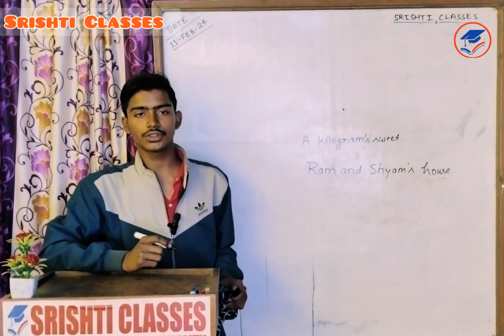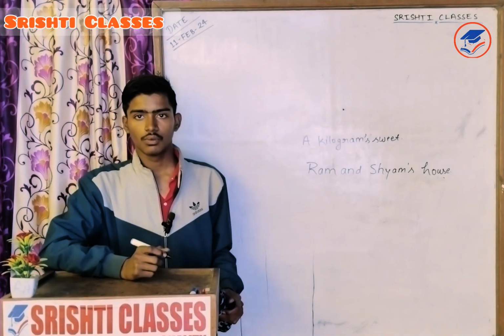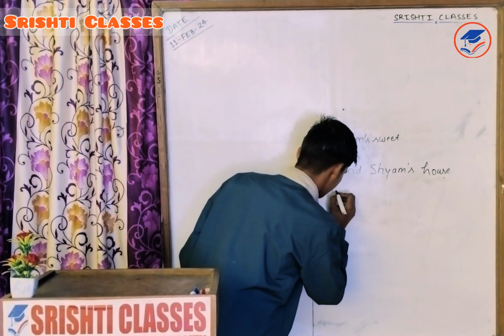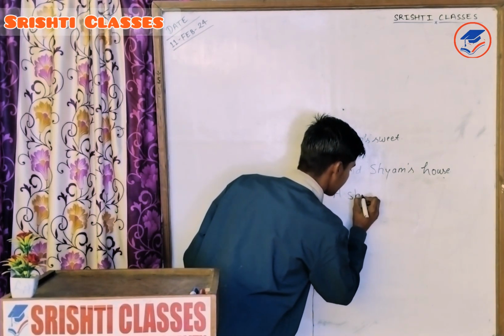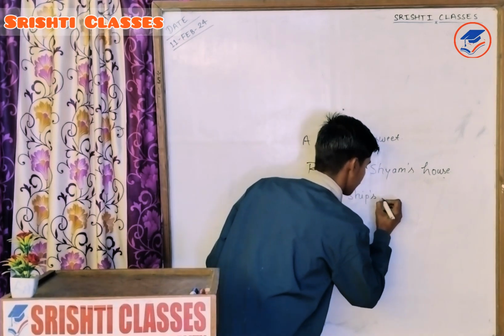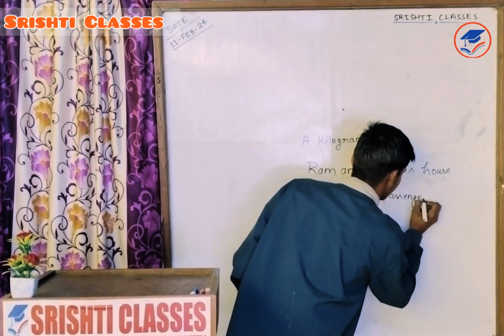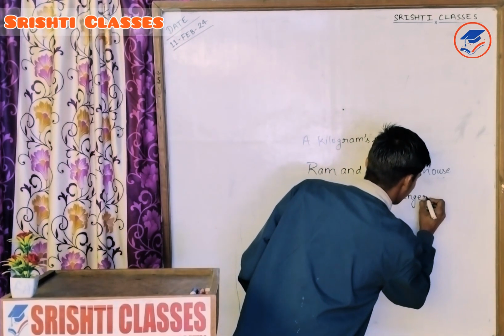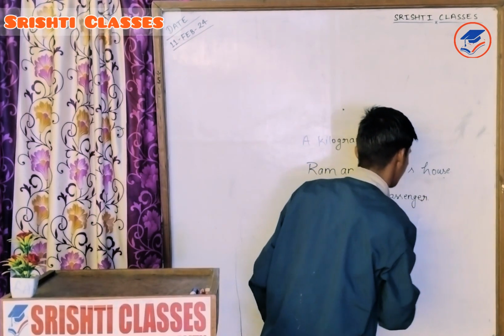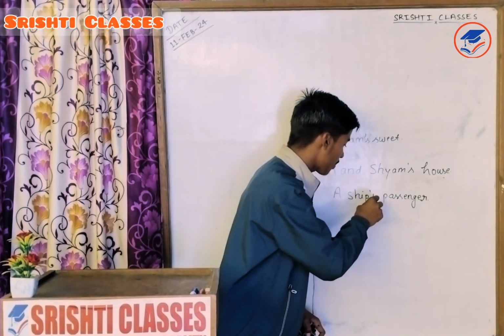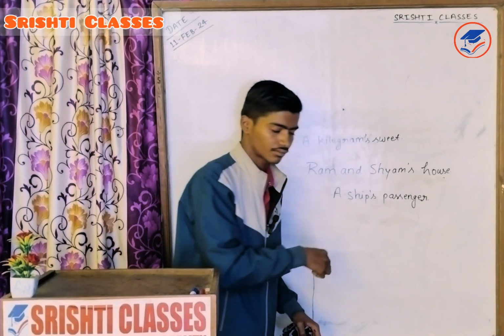We use apostrophe s with items and phrases. For example, a ship's passengers. In this sentence, apostrophe s shows the relation.